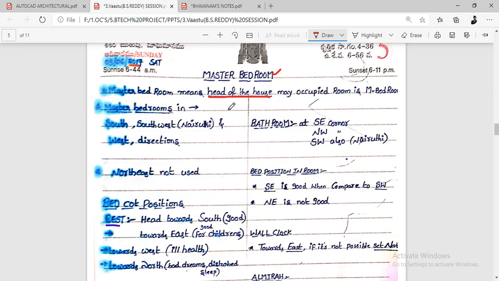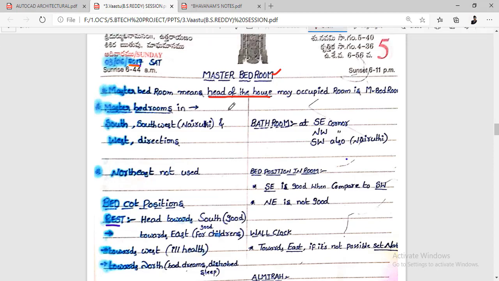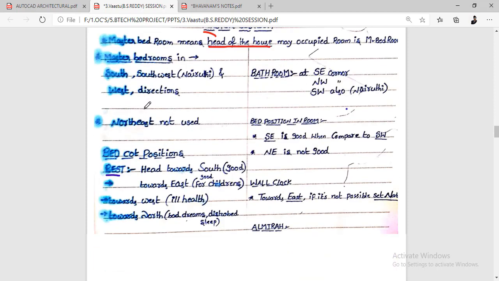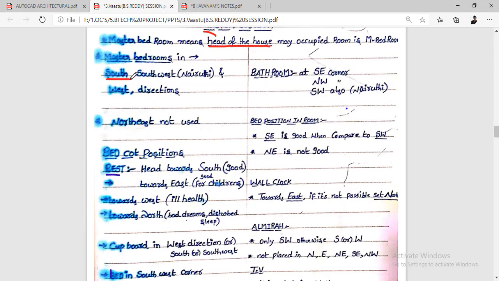If you are staying with your parents in a family, the head of the family, I mean your parent, needs to occupy that master bedroom for sleeping. So the master bedroom you need to provide in the south or southwest, the nairuti.